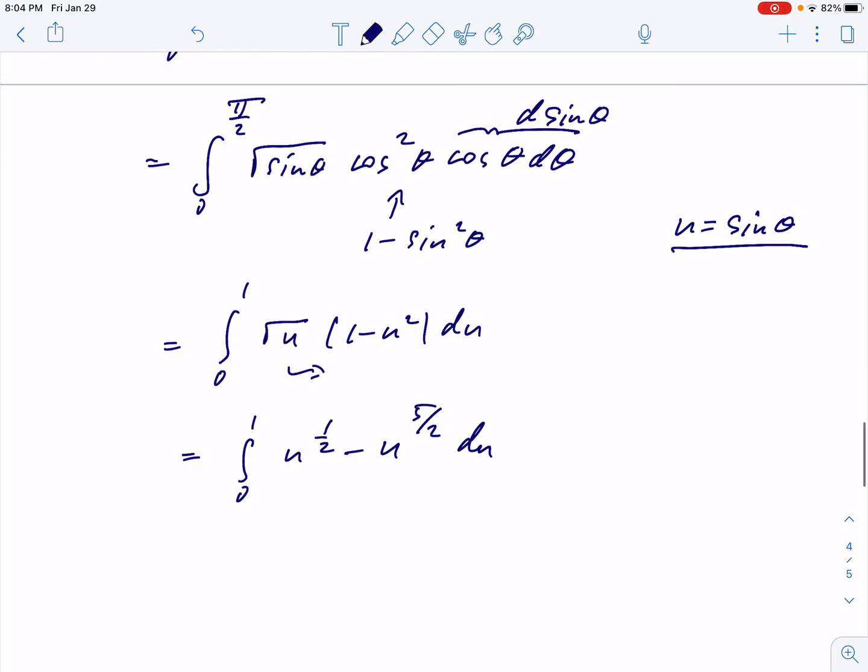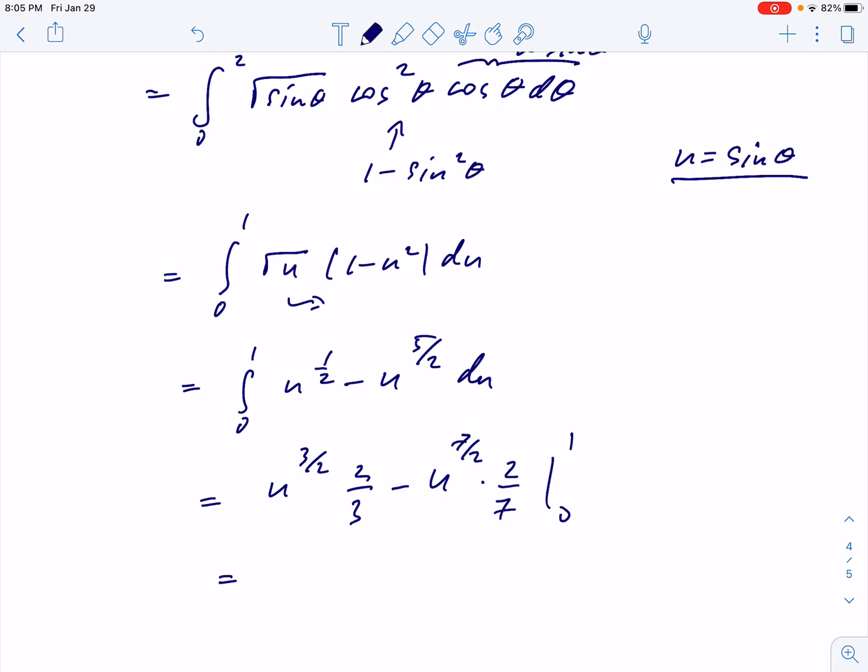Well, we integrate by the power rule. This will be u^(3/2), adding 1, we have to divide by 3/2, which is multiplication by 2/3. And then the next term, adding 1 will be 7/2, multiplied by 2/7, evaluating between 0 and 1.